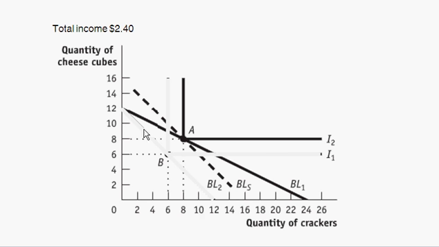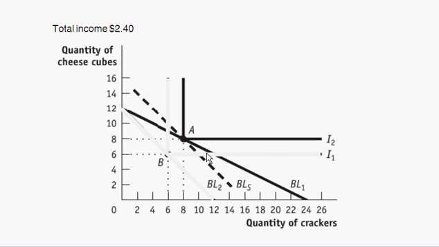So there's this one-to-one complementary relationship between cheese cubes and crackers. The point where Crandall maximizes utility is the point where the number of cheese cubes perfectly matches the quantity of crackers. So that's exactly this point A that we showed here with the indifference curve and the budget line that we already set up, BL1.